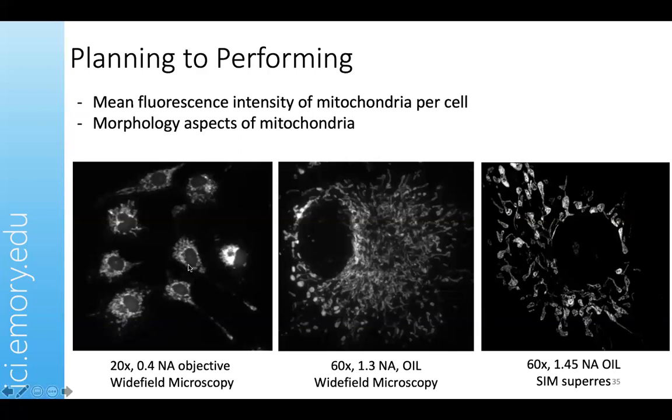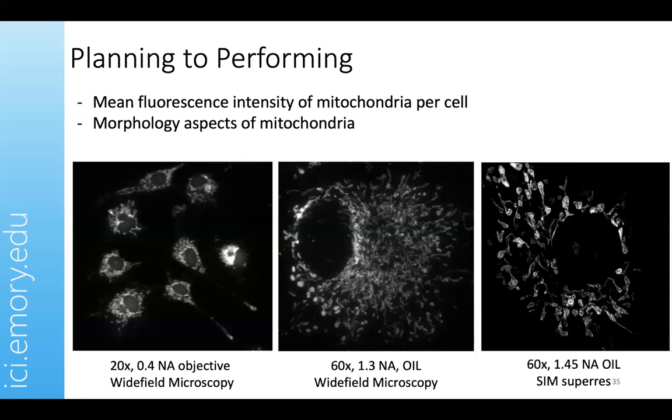So this kind of image is really good if you simply want to know what is happening with the mitochondrial membrane potential at a cellular level. However, if you want to dig into detail for individual mitochondria, you either need to use a 60x 1.3 NA objective, or you can do super res imaging to know what's happening dynamically to individual mitochondria, whether they are fragmenting, whether they are fusing with each other, what the size of the mitochondria is, and so on, right?